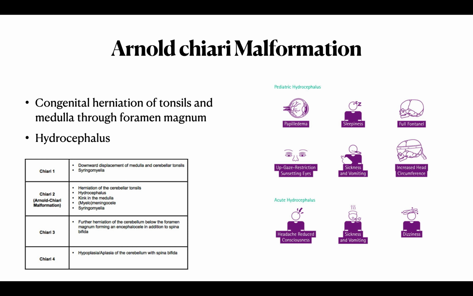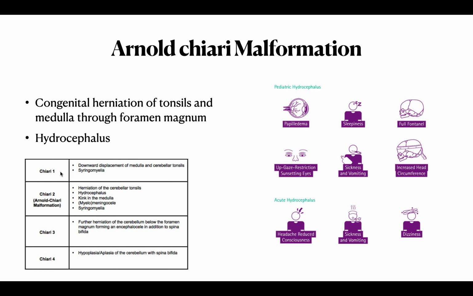Okay, so the Arnold Chiari malformation, there's actually like 4 types. Arnold Chiari malformation is the second type, and it's basically the congenital herniation of the tonsils through the foramen magna. And by each type, it's going to be how bad it is, right?